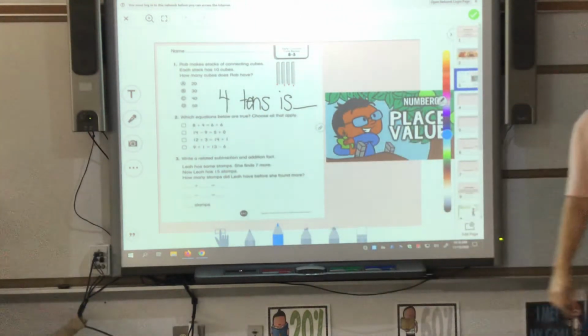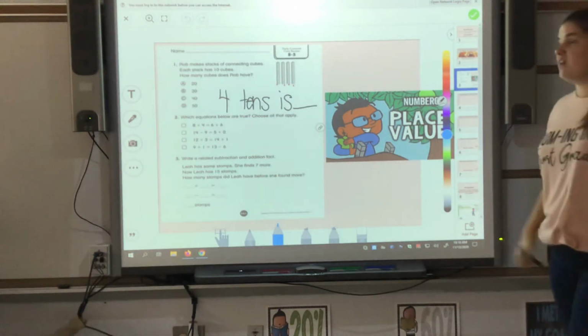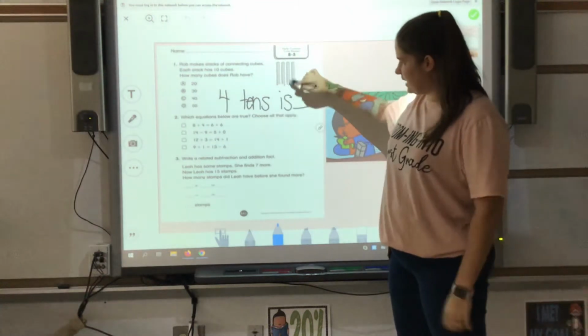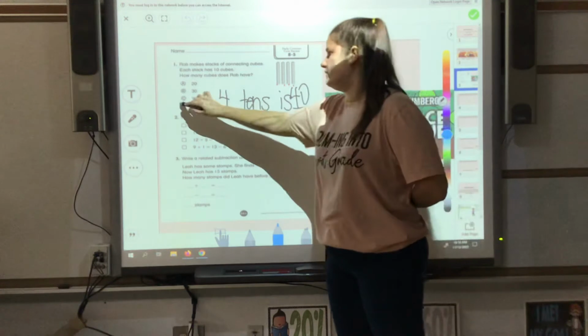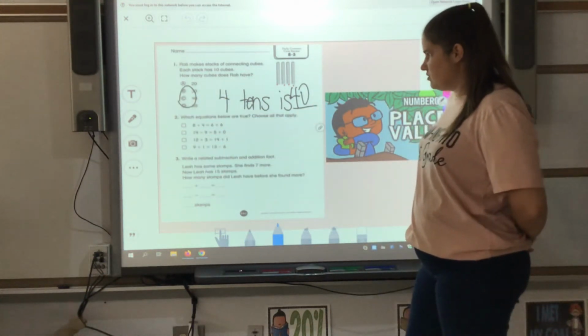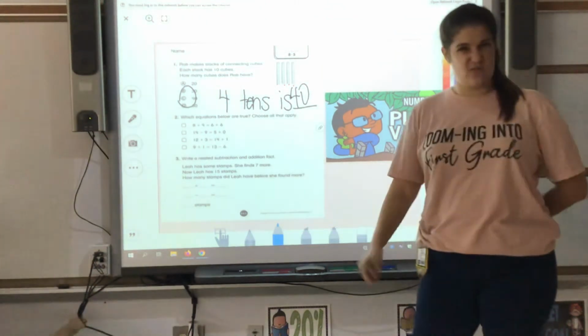Look at that and see if you can count how many tens you have. 4 tens is equal to, let's count, 10, 20, 30, 40. 4 tens is 40. Which equations below are true? Choose all that apply. So that might mean there's more than one answer.